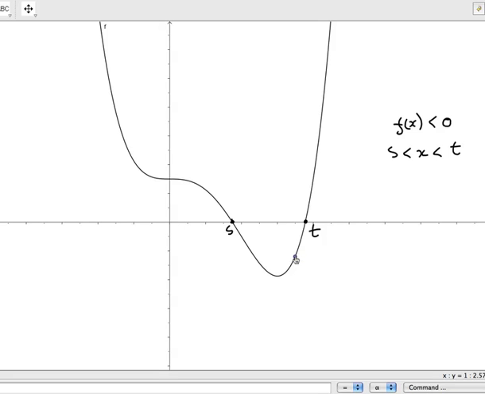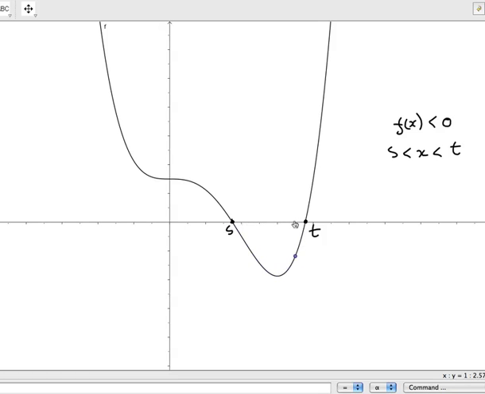So let's look at all the values of x in between s and t. The corresponding y value of the point on the graph is negative. You can see the point there, it's below the x-axis. The curve lies below the x-axis for any value of x between s and t.